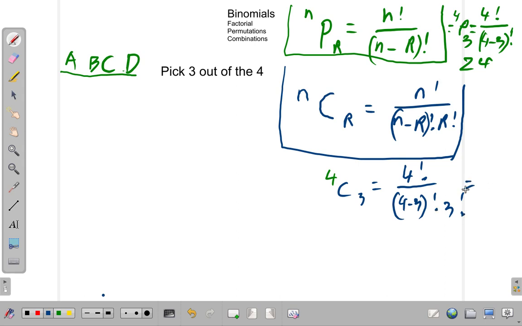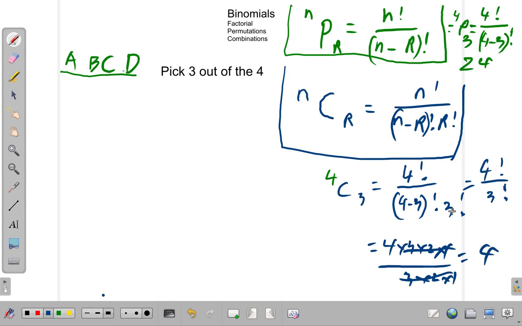So it would be 4 factorial over 3 factorial. In this case, it's 4 by 3 by 2 by 1 over 3 by 2 by 1. So you would get 4.